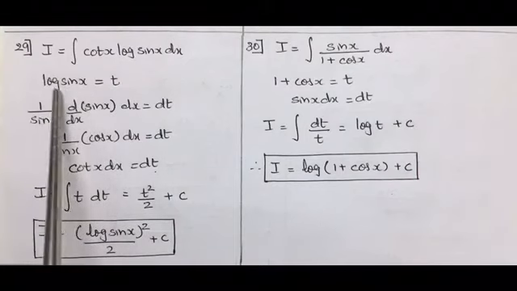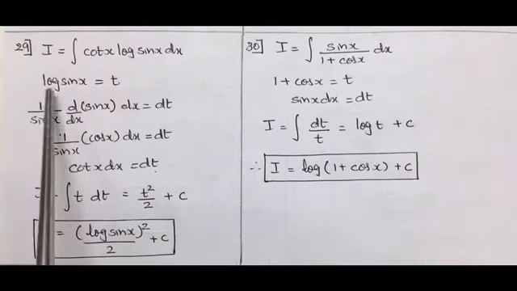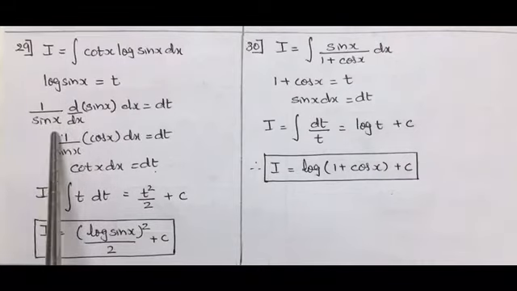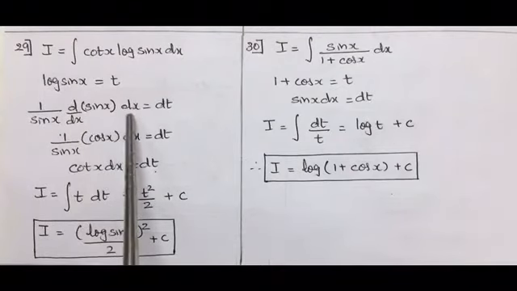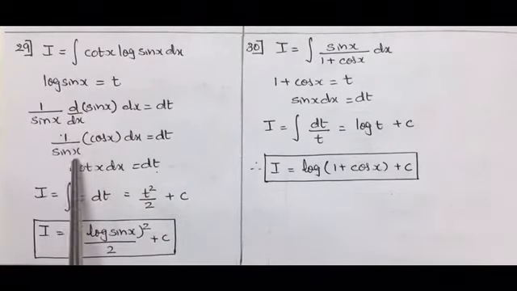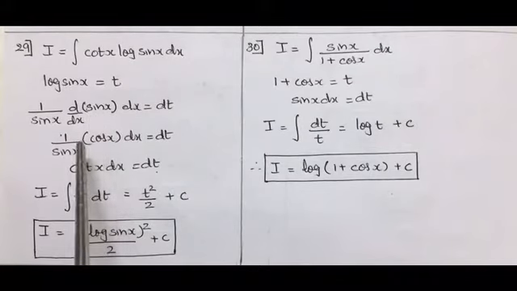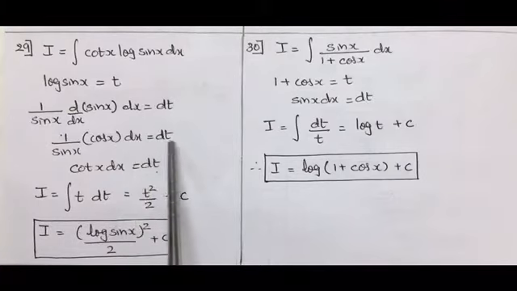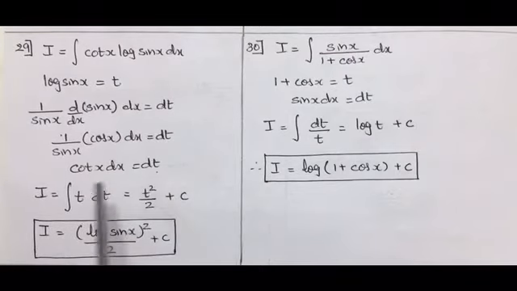Then differentiating log sin x by using chain rule, the derivative of log becomes 1 upon sin x, and then d by dx of sin x dx is equal to dt. So 1 upon sin x, derivative of sin x is cos x, so we get here cos x upon sin x dx is equal to dt. Cos upon sine is cot x, dx is equal to dt.